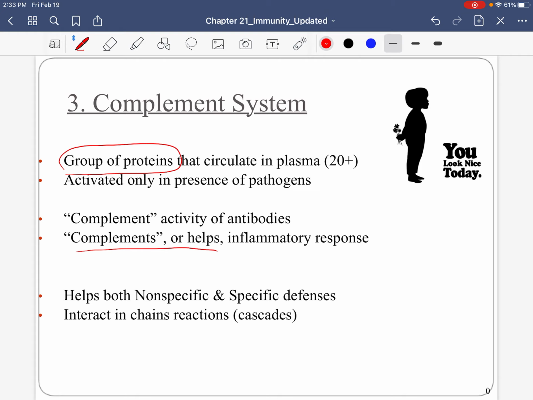They're going to make our white blood cells that are already active more active. They're going to help antibodies work better. So that's where they get this name, the complement system, a specialized group of proteins that complement the immune response. They help the immune system do more of what it's already doing.